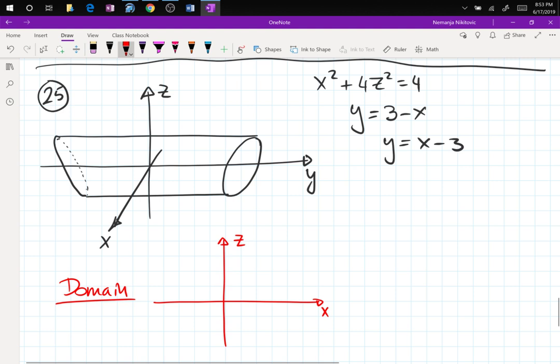And you see that this is an ellipse, I hope, because when you divide by 4, you get x squared over 4 plus z squared equals 1. That's an ellipse. The radius in the x direction is 2, and in the z direction is 1.